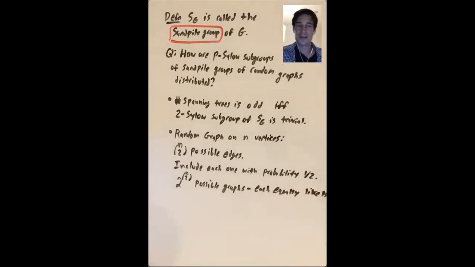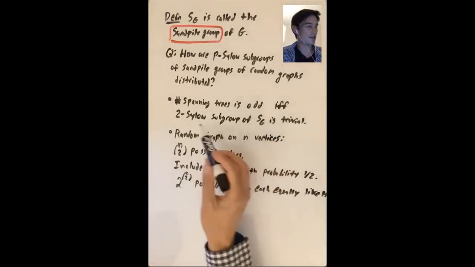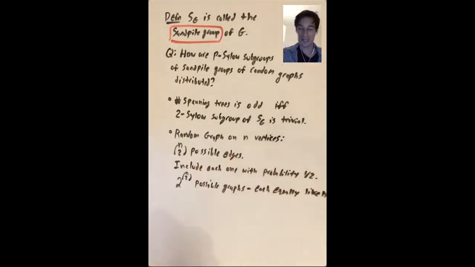Okay, so for a fixed n, let's just take all these graphs and count how often is the 2-Sylow subgroup trivial versus being non-trivial.